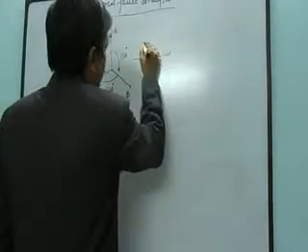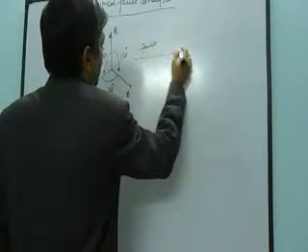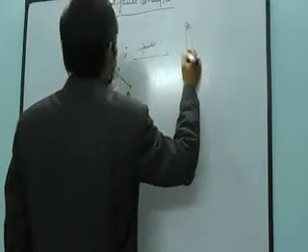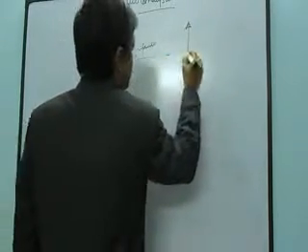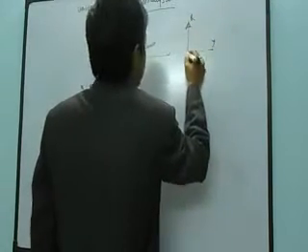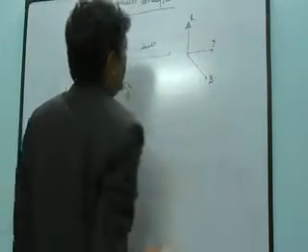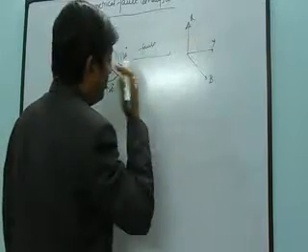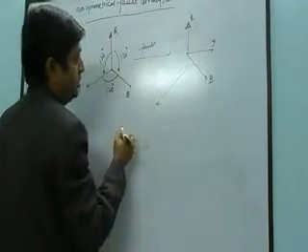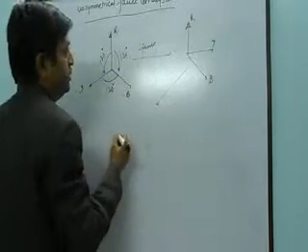Suppose due to fault, Y phase has changed its position from this to this, like this, R. Now this unbalanced vector can be expressed as positive sequence, zero sequence and negative sequence.